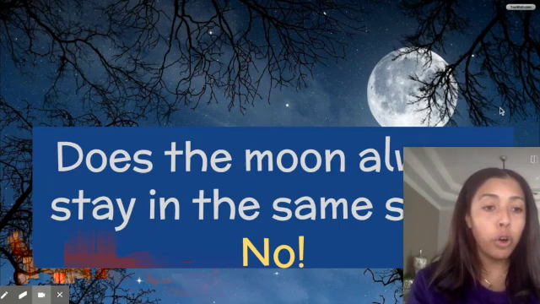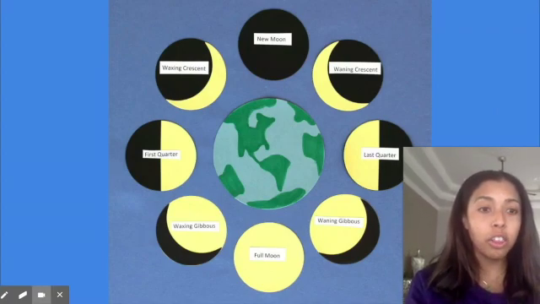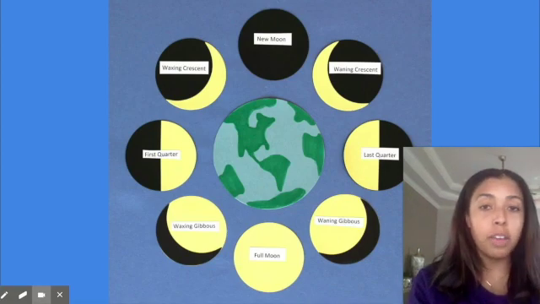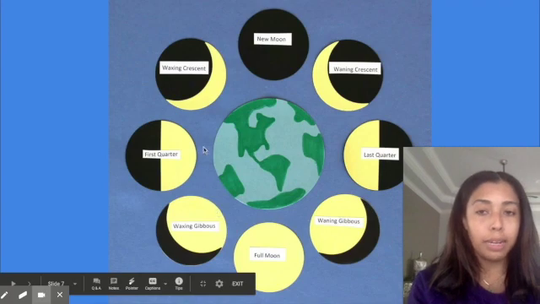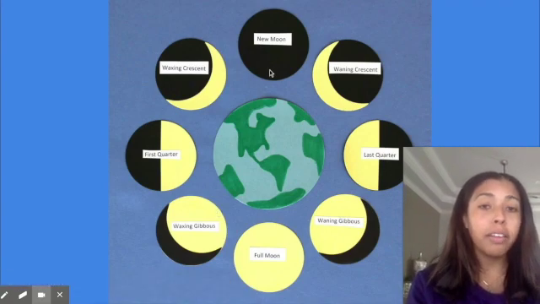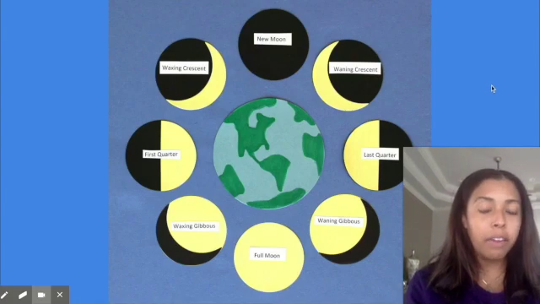It moves around the Earth. And as it moves around the Earth, it looks like it's in different shapes. Sometimes the moon looks like a full circle. Sometimes it looks like a toenail. Sometimes we don't see the moon at all because it's right in front of the sun.